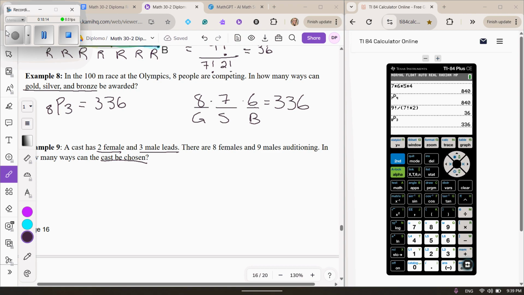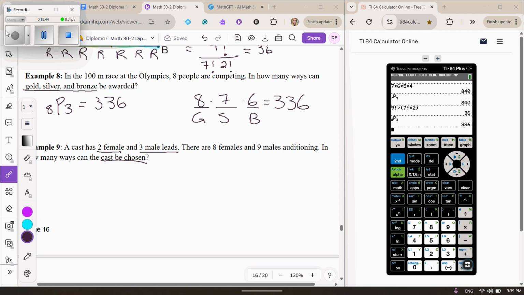It does say that we are choosing a cast for 2 female and 3 male leads. However, it does not say that we are yet assigning the roles. It just says we are choosing, and it actually says chosen as well, which is a hint that we are doing combinations. So we are not yet assigning the roles, but we are just choosing the cast.